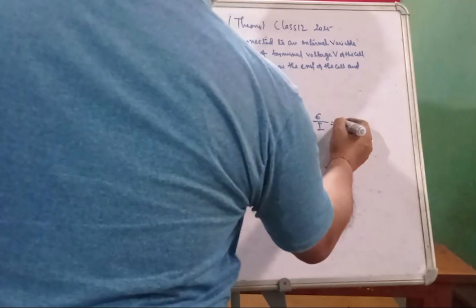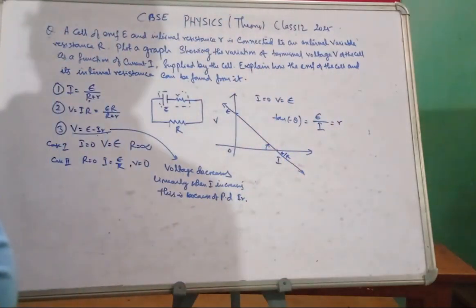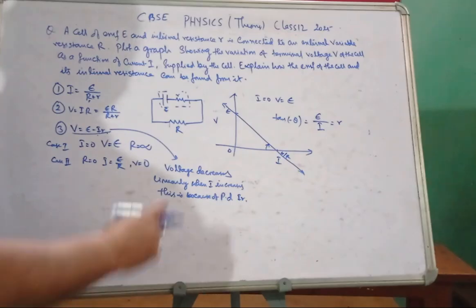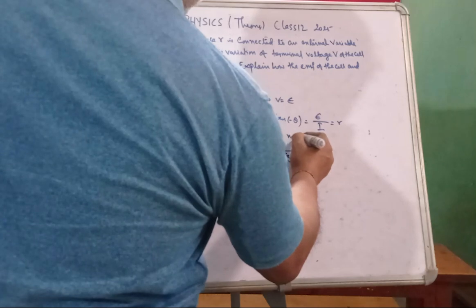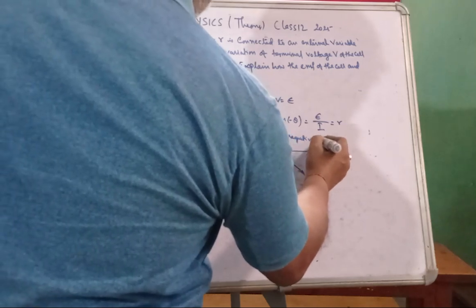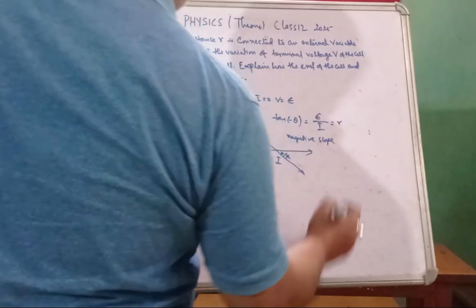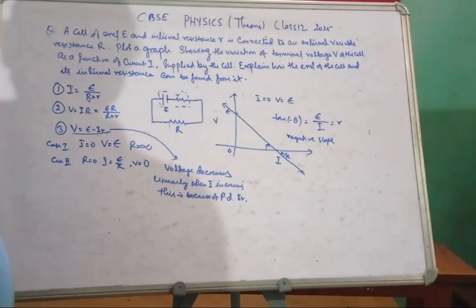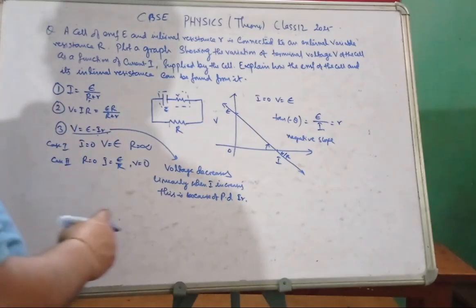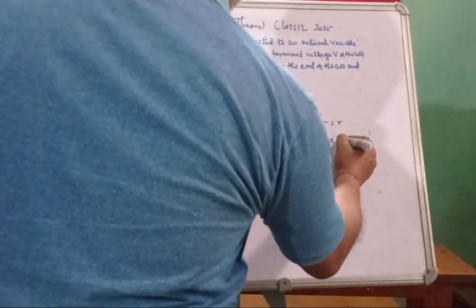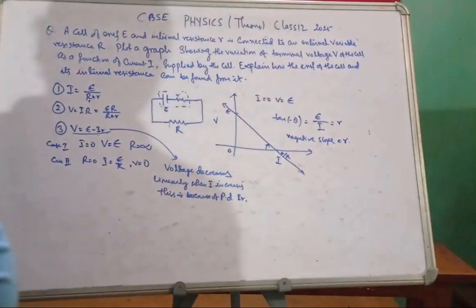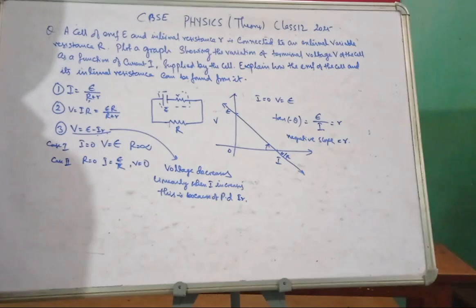The negative of this slope will give you the internal resistance r.